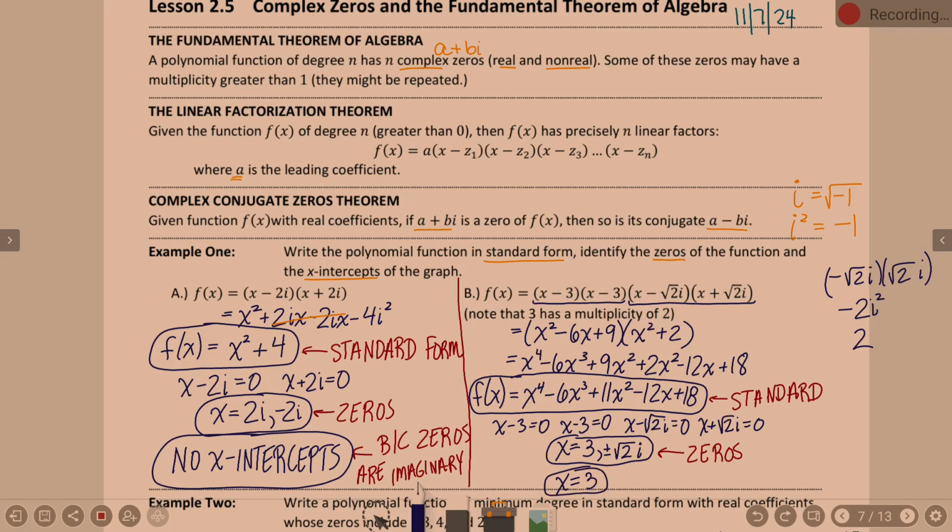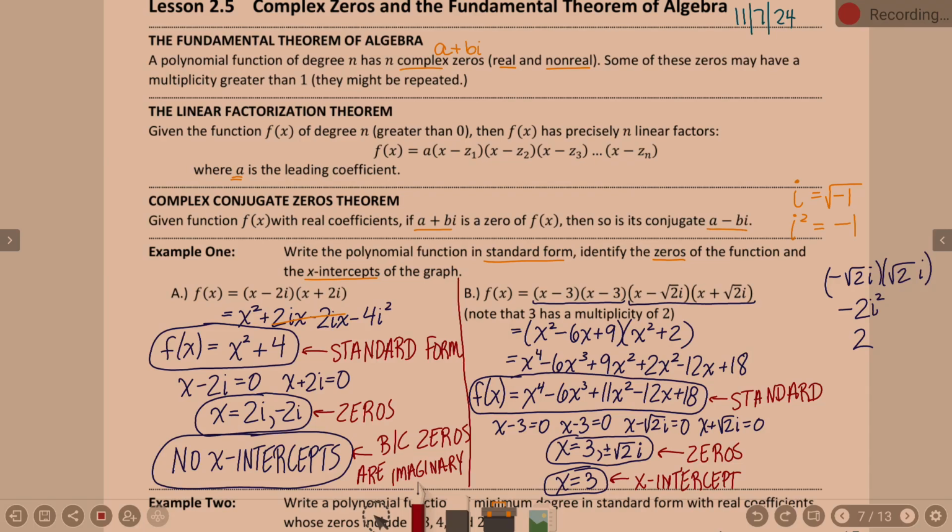So anytime you have a real 0, that is an x-intercept. And if you would have graphed our standard form, you would see the x-intercept at 3. Questions there?